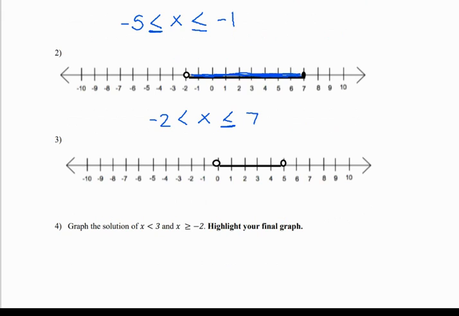Okay, you try number 3, and if you feel like you can put it into the chat, try that too, the private chat. Go for it. Okay, do number 3.